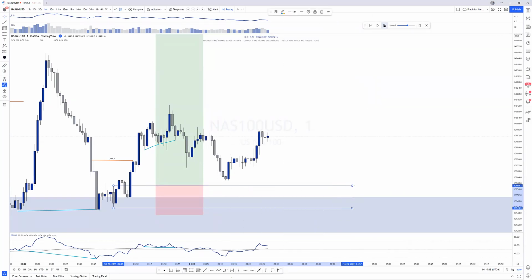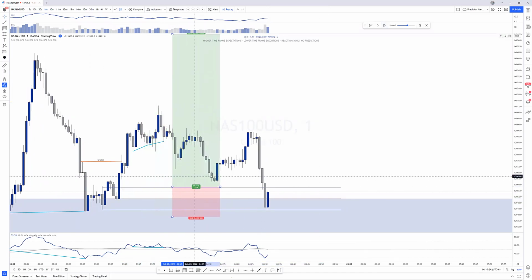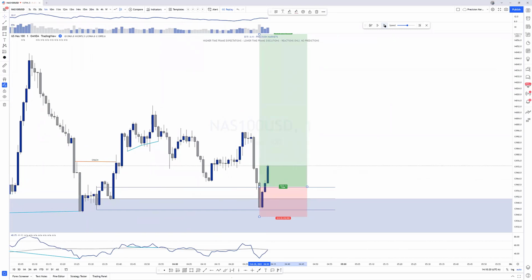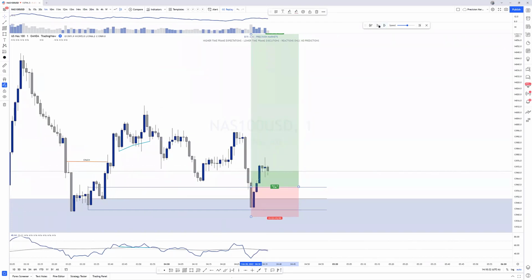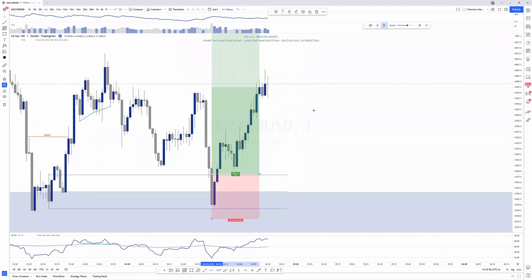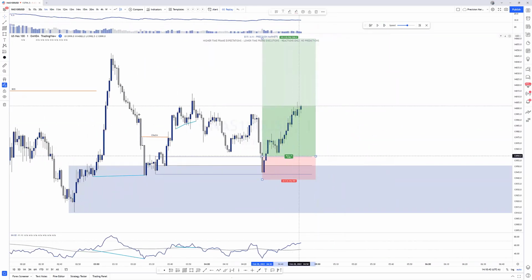All right, so we got tapped into our order right over here. It barely came. We're still in this trade, so let's see what happens from here. At this point, we're floating almost about half.